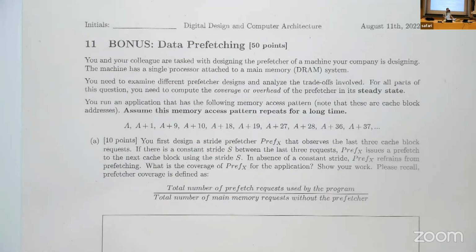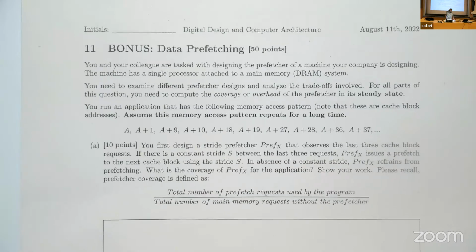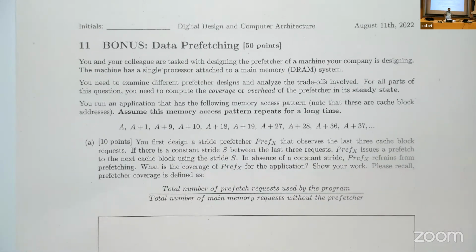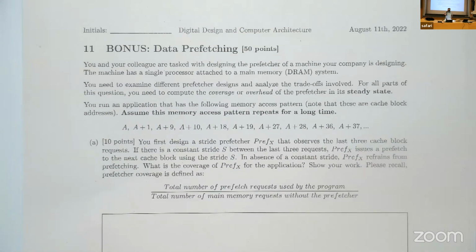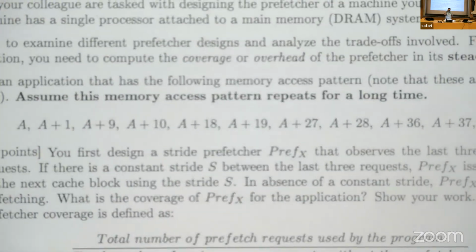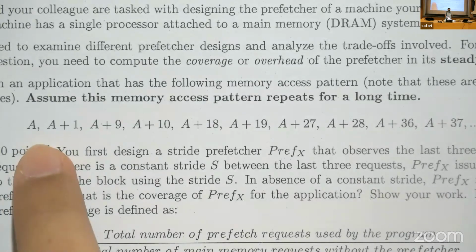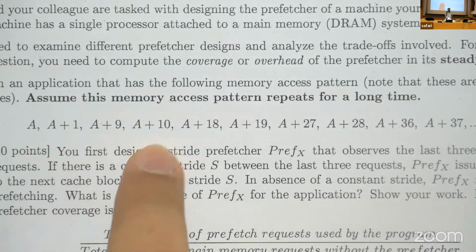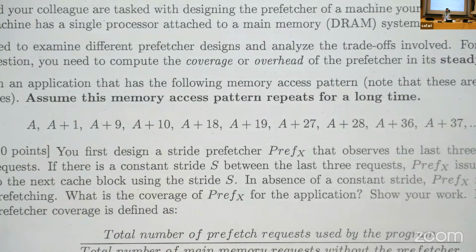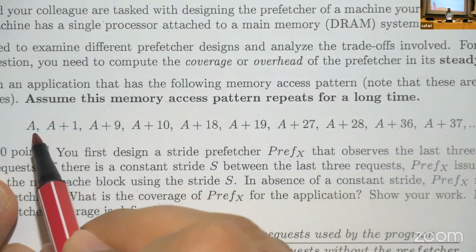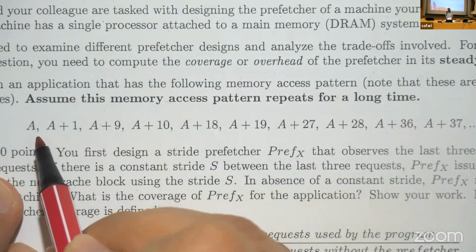So this is one example that we have quite a straightforward question. This is about data prefetching, and as you can see, we have this kind of access pattern here, right? So it first goes like A plus 1, A plus 9. If you look at the stride in this access pattern, you access address A, and this is a cache line address.